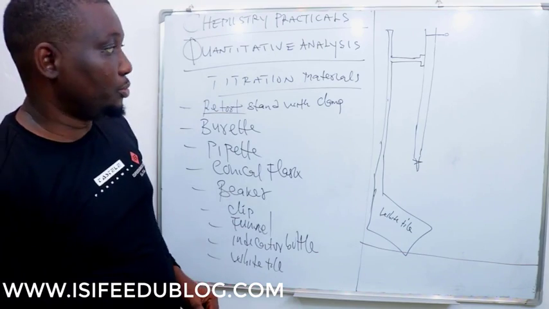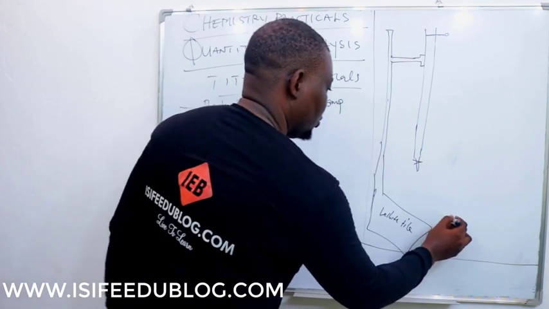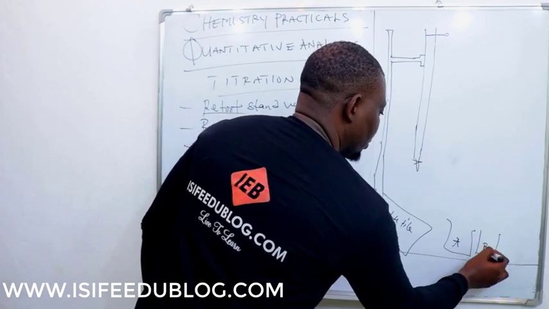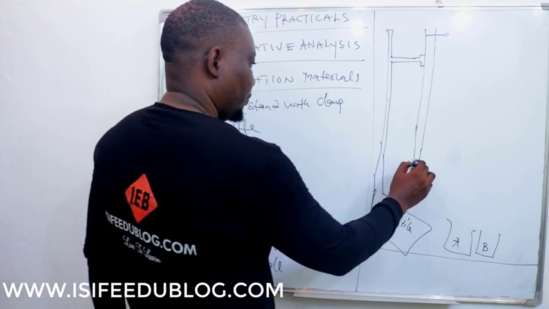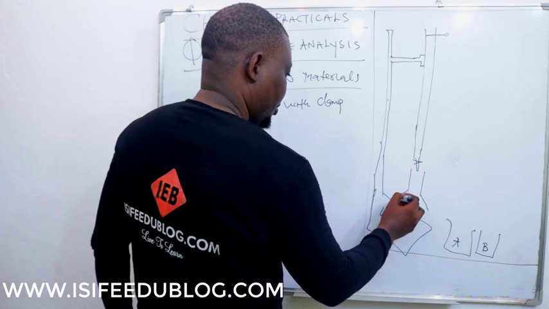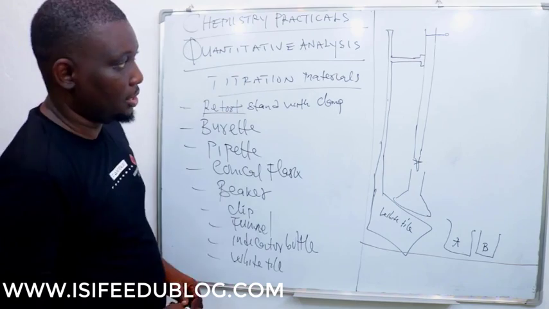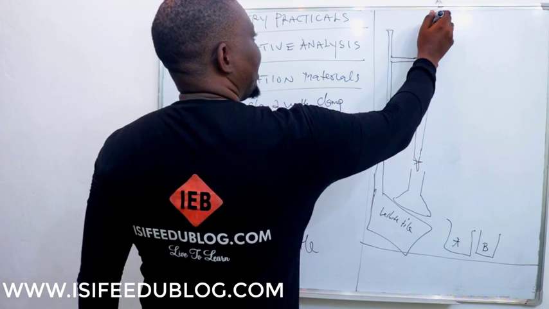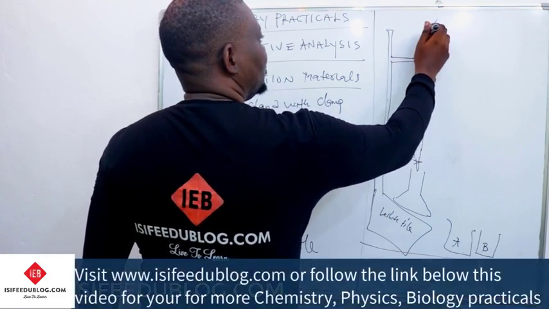Other things on the table for each candidate will be your beaker containing the two solutions, most likely solution A and solution B, and your conical flask for mixing the two solutions when needed. Your funnel should be here as a delivery tube.